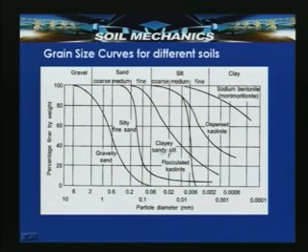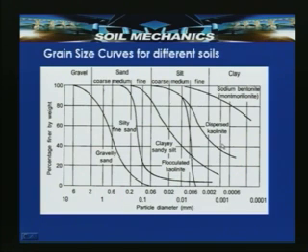In that way it is called a clayey sandy silt. The major portion of the soil here is silt, and these two curves show different grain size distributions of the flocculent and dispersed kaolinites.